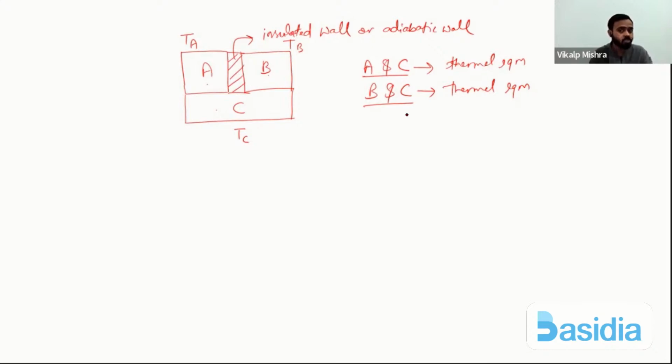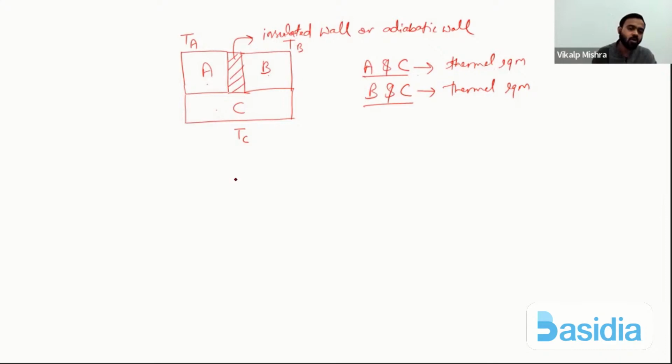A and C will be in thermal equilibrium, and B and C will be in thermal equilibrium. What will happen in thermal equilibrium? The temperature will become the same. For now we will not talk about temperature. Just understand that after some time their macroscopic properties will become stable, or will not change with time. That means A and C will be in thermal equilibrium and B and C will be in thermal equilibrium.